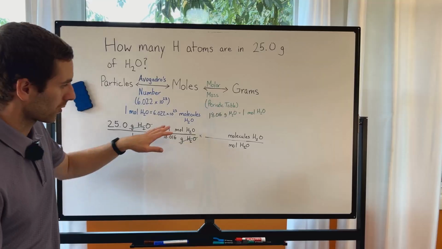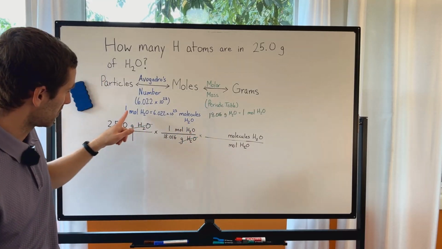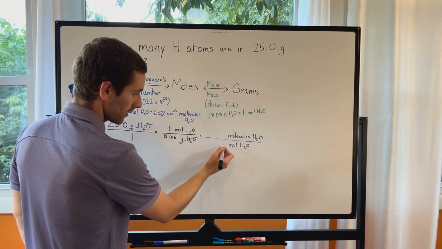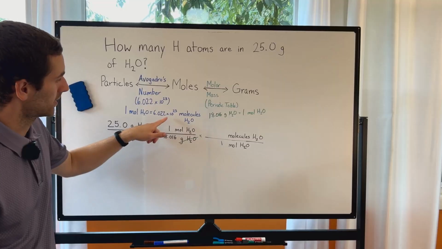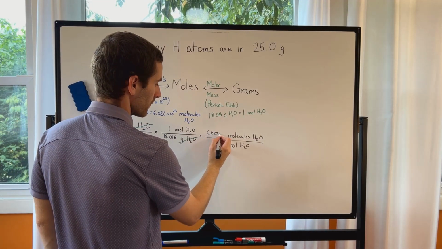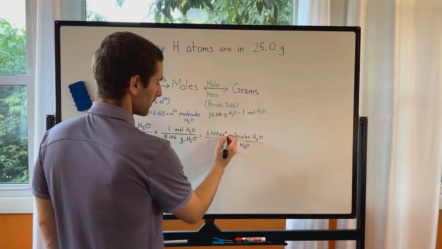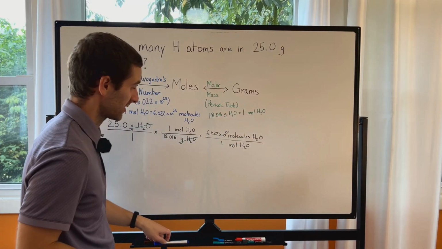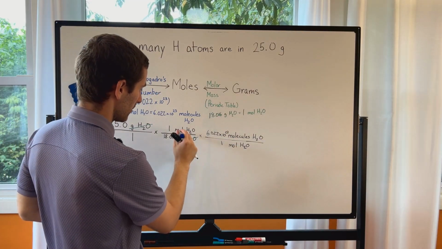And again, just put the corresponding numbers with the corresponding units. So 1 mole of water is 6.022 times 10 to the 23rd. So the moles cancel.